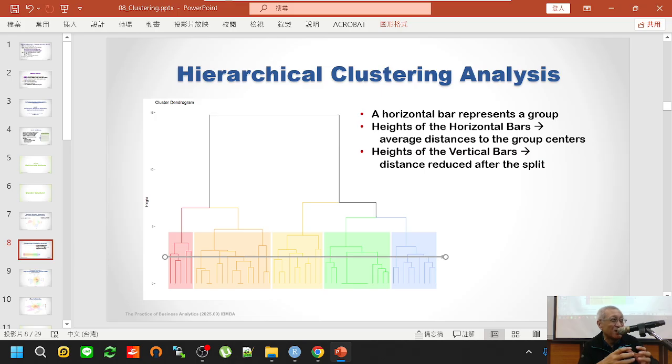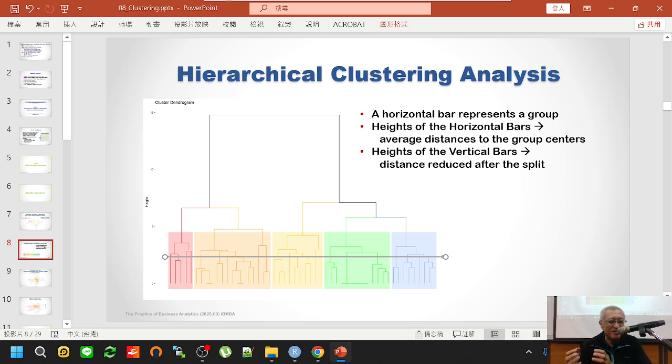But more groups will have more similar subjects, right? So there's a trade-off between similarity and the number of groups, okay? The more groups that you divide, the more similar the subjects are within a group, right?